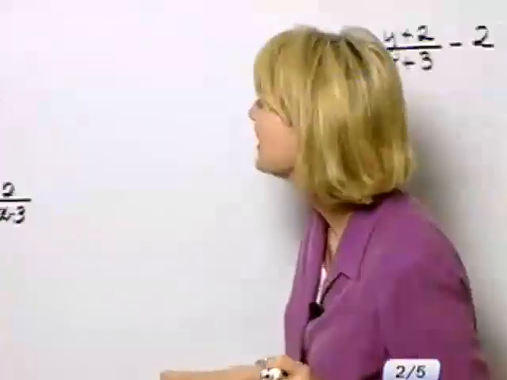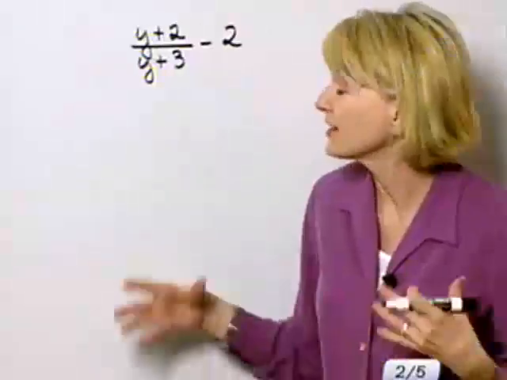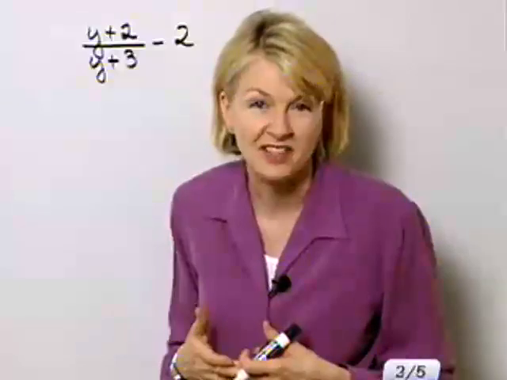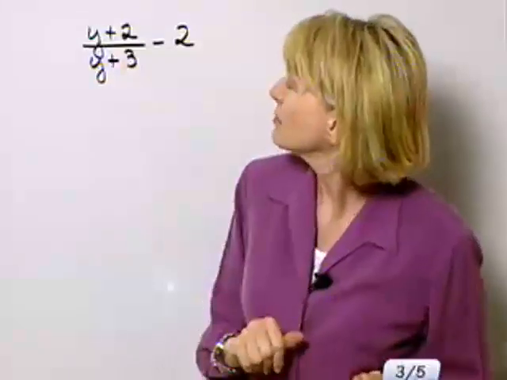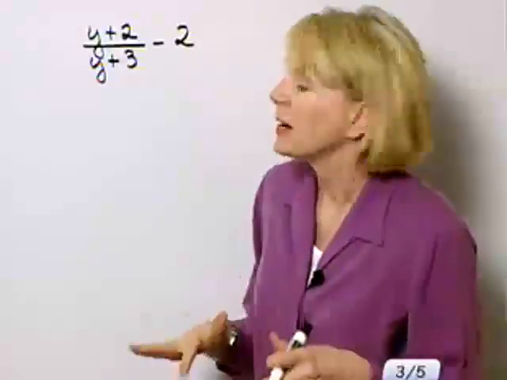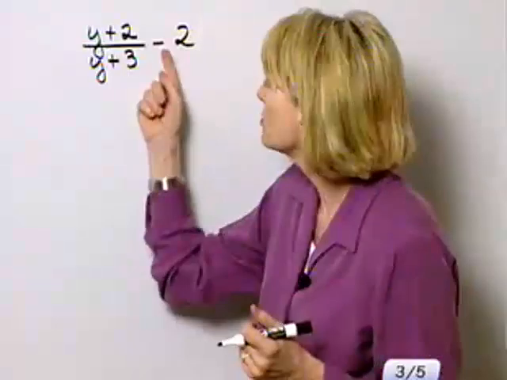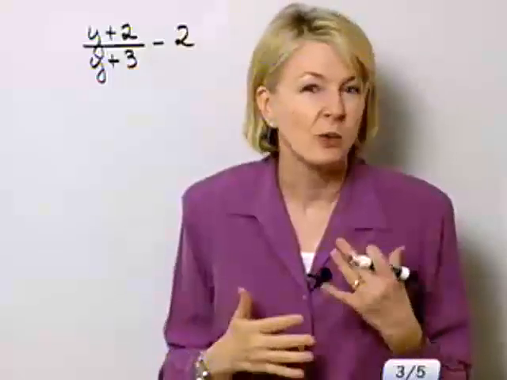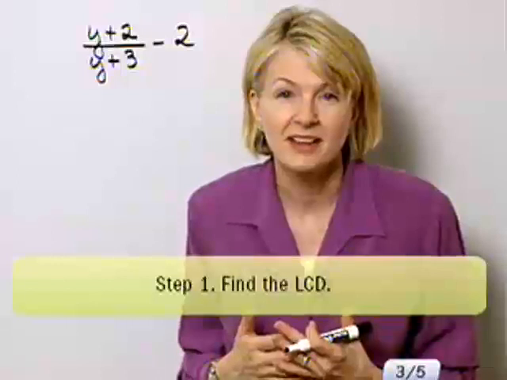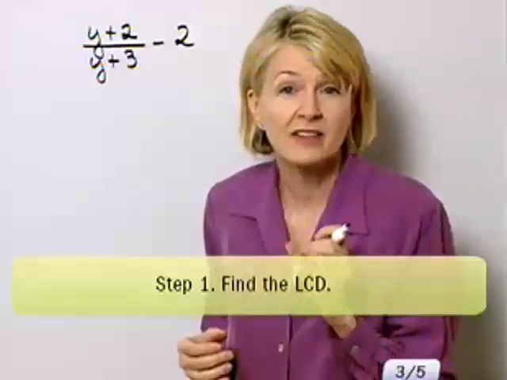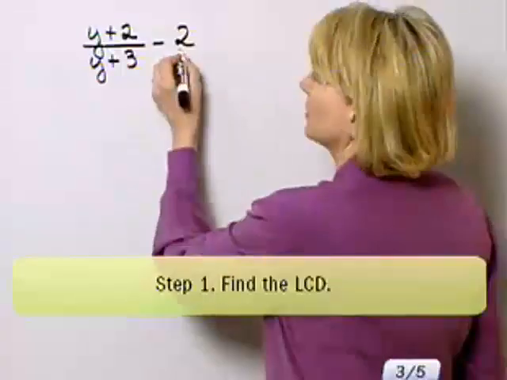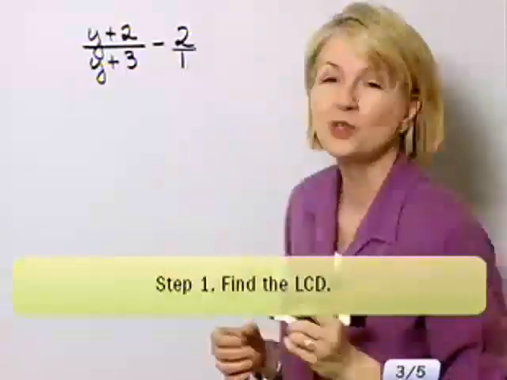Let's look at this again. Let's add or subtract some rational expressions. Here I have y plus 2 over y plus 3 minus 2. We are subtracting this time. So what is our first step? It's to find the least common denominator. Think of this as 2 over 1.